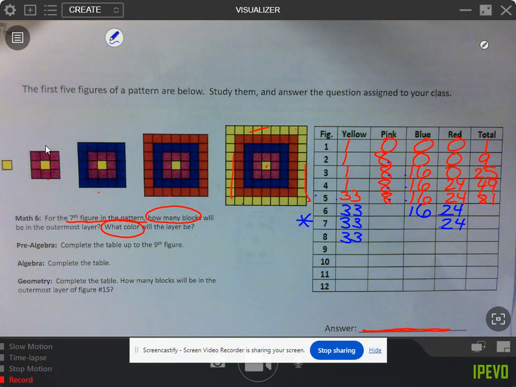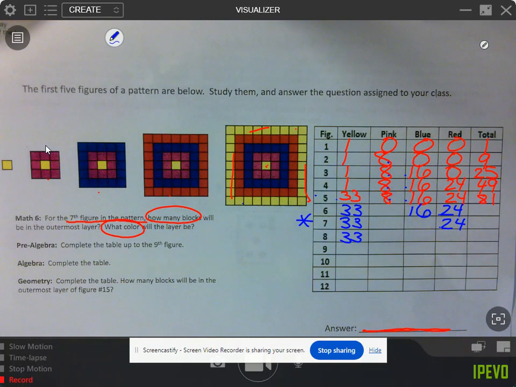Can I find my pattern for my total blocks? Who remembers what kind are my favorite numbers? Perfect squares. If I look at 1, 9, 25, 49, 81, what do you notice about them? Layla? You gotta say it louder. They're skip counting. What is skip counting?